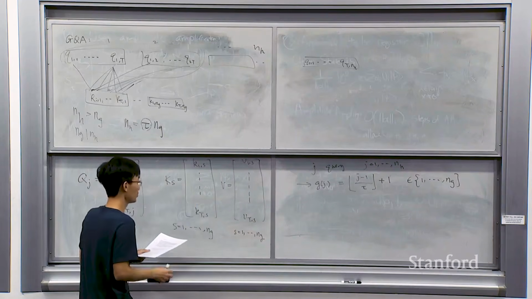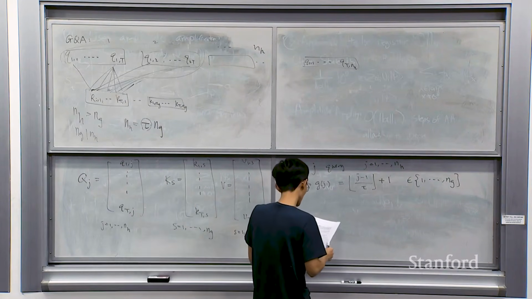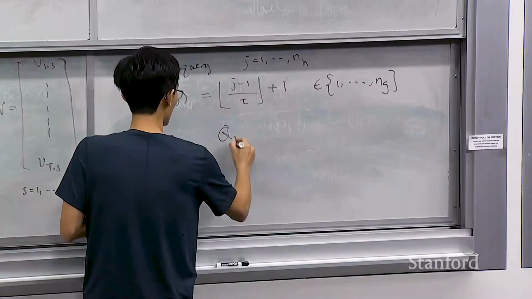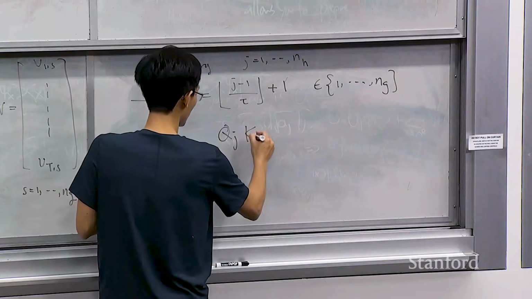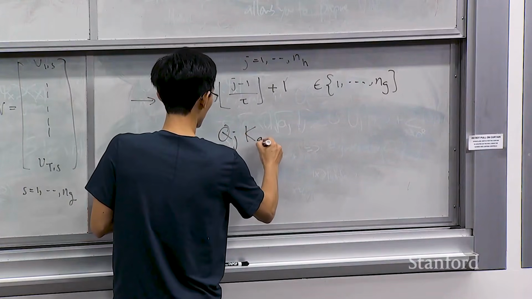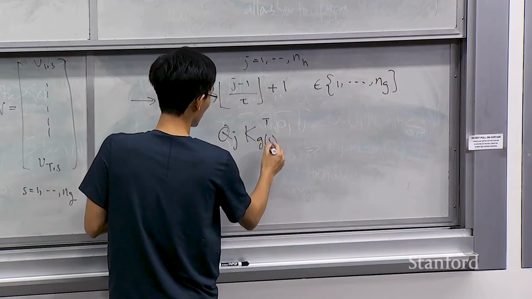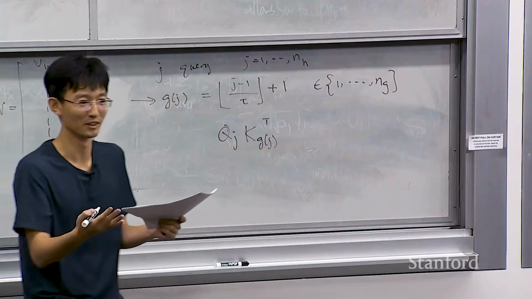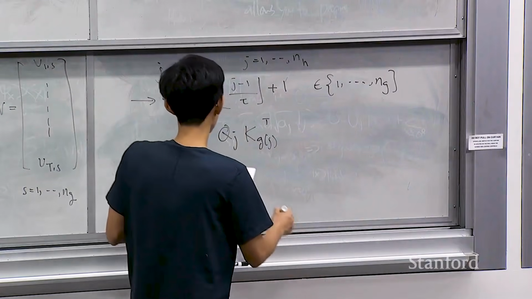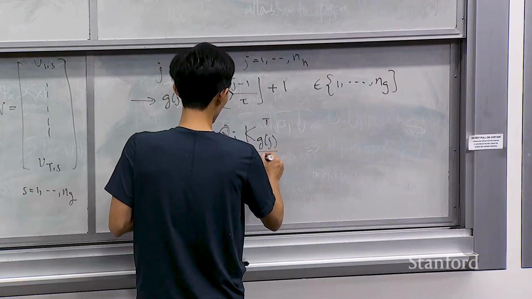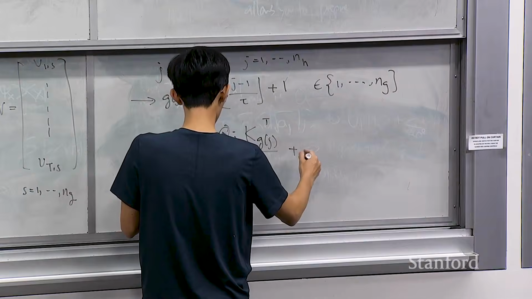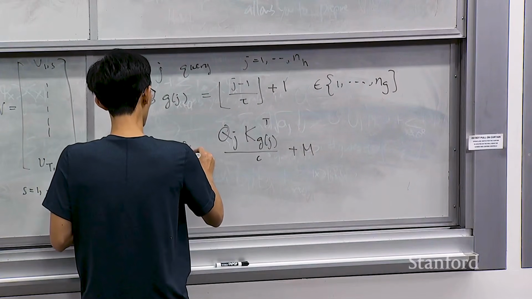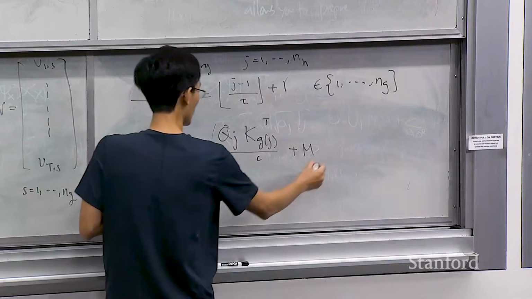Once you know which group you belong to, you can do the inner product. So Qj is multiplied by the transpose of K_Gj, where Gj is the index for the group of keys you have to attend to, and then you divide by C, the normalization constant, multiply by m, and take a softmax.